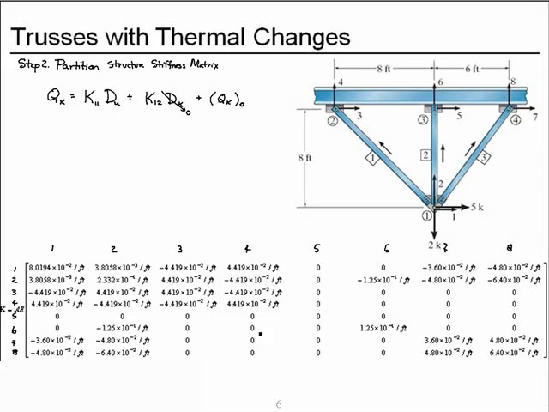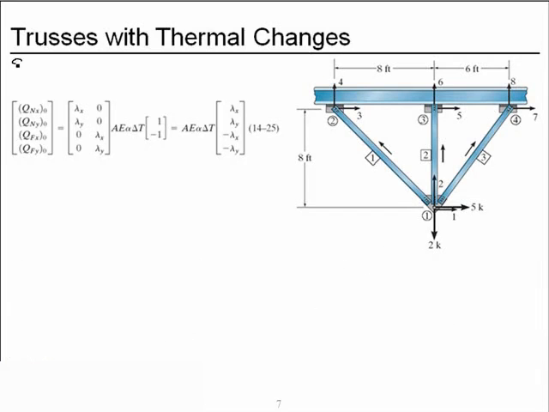Notice that all of these coefficients are multiplied by A and E. As we look at our structure, the only unsupported degrees of freedom are 1 and 2. So we'll partition our matrix by dividing between columns 2 and 3 and between rows 2 and 3. And so the section we need is this top left chunk, that is K11. If we had needed it, this top right chunk was K12.